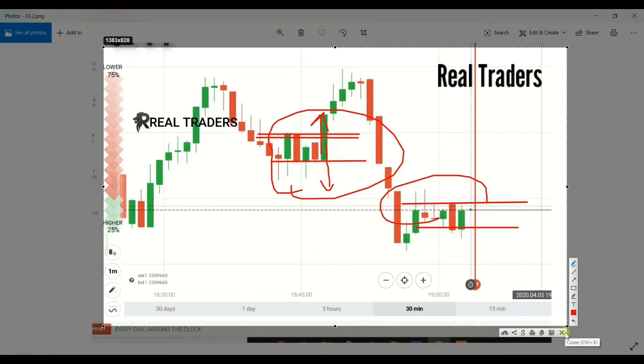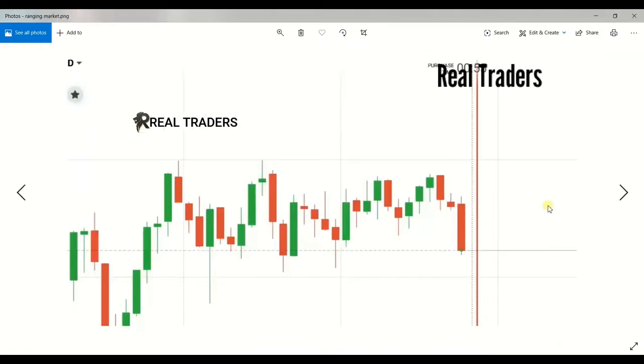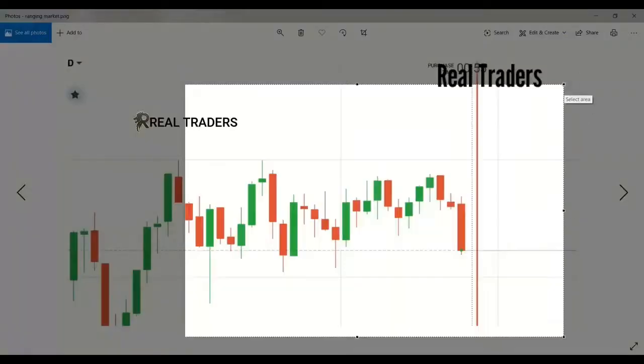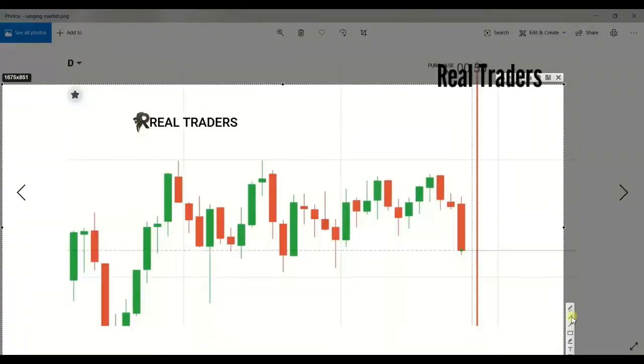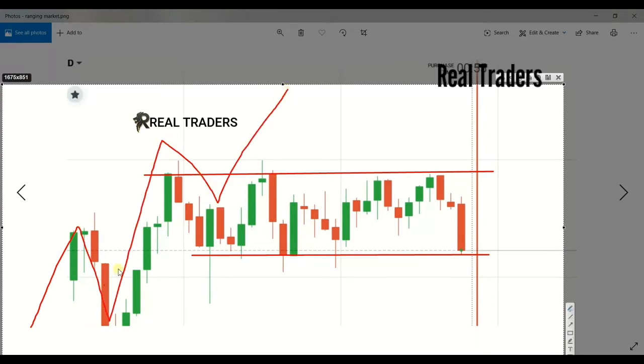Okay, and now let me show you what the ranging market is also. This is an example of the ranging market. You can see the market is moving in this range. The trendy market, I showed you the trendy market moves like this, right? A trendy market is either an uptrend or a downtrend.